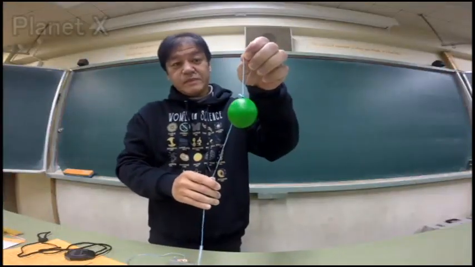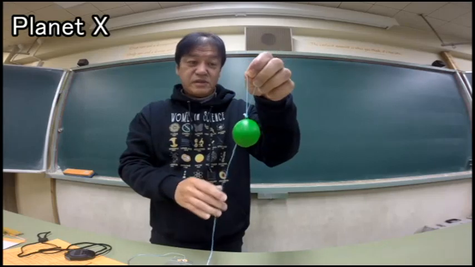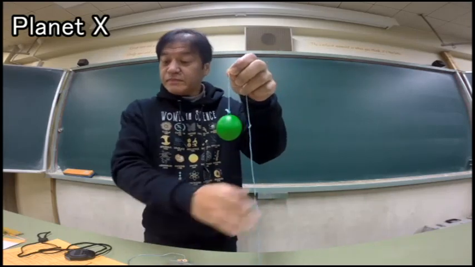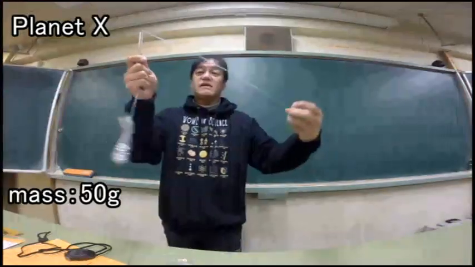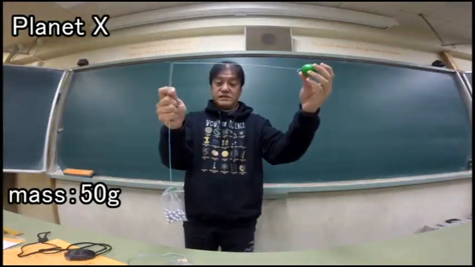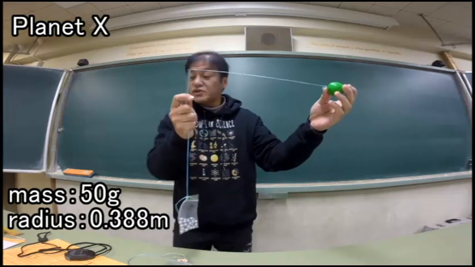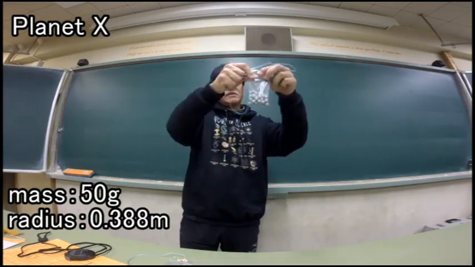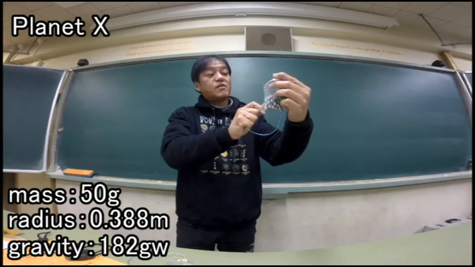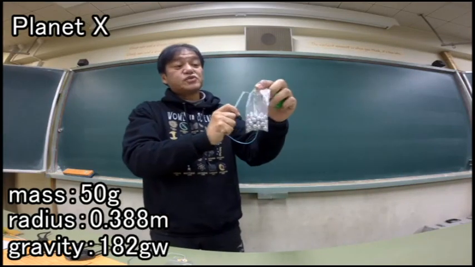The last one, planet X. Mass is 50 grams. Revolution radius is 0.388 meters. And universal gravitation is 182 grams weight.